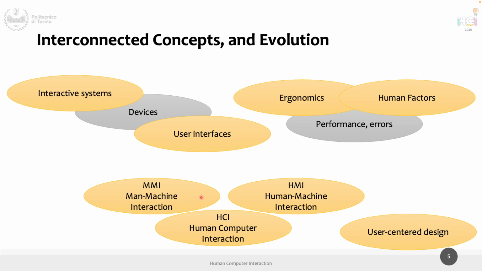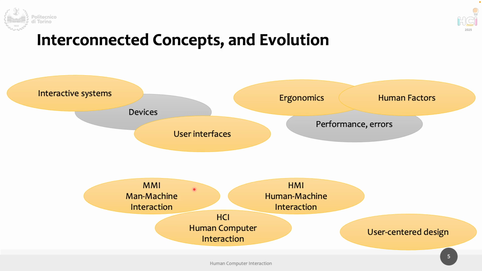One is very old and in disuse, that is man-machine interaction. And the other one is still used with a different exception most of the time, that is human-machine interaction. So why is man-machine interaction not used anymore? Well, that's not entirely true.